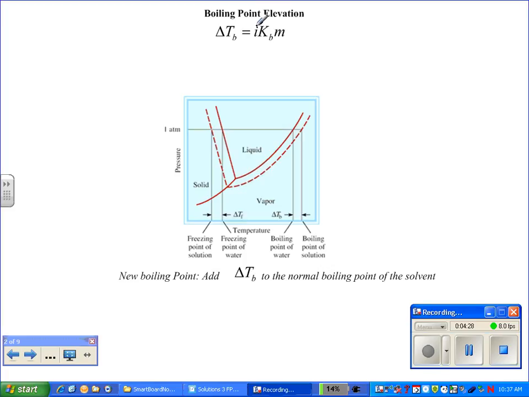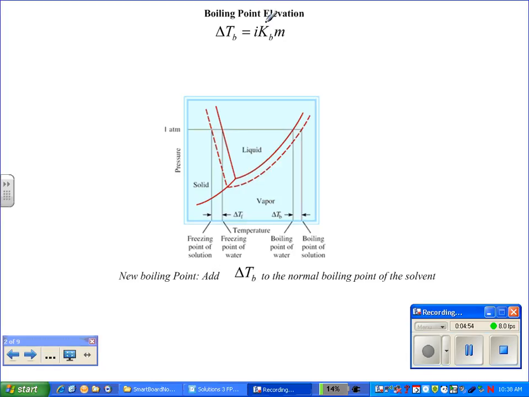So something that is molecular will have an I value of 1. Something ionic with 2 ions put into solution will have an I of 2. So something like sodium chloride will have an I value of 2. Something like calcium chloride, or CaCl2, will have an I value of 3. It's called the van't Hoff factor.